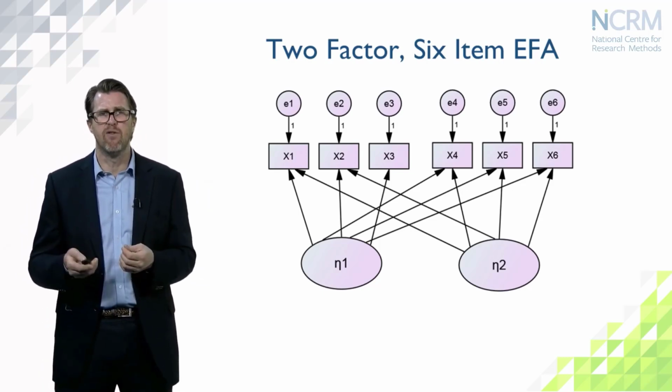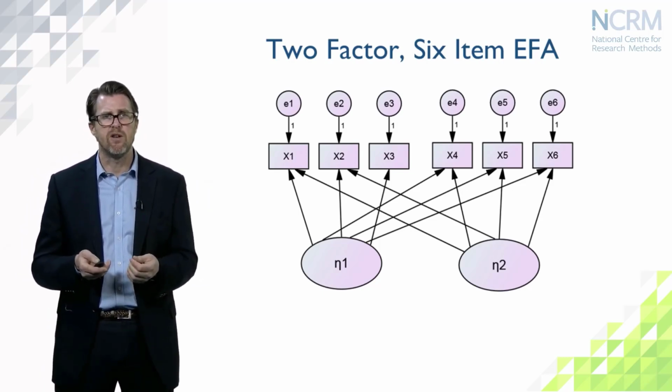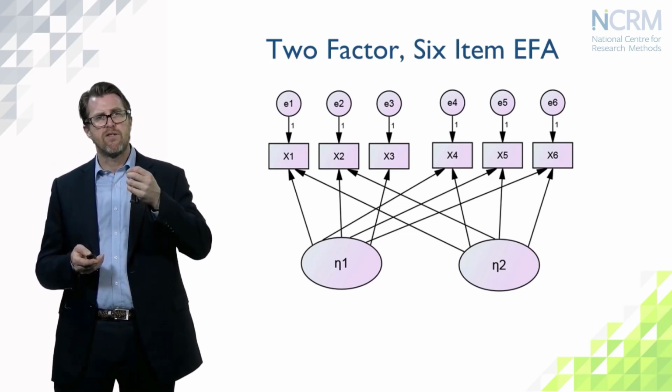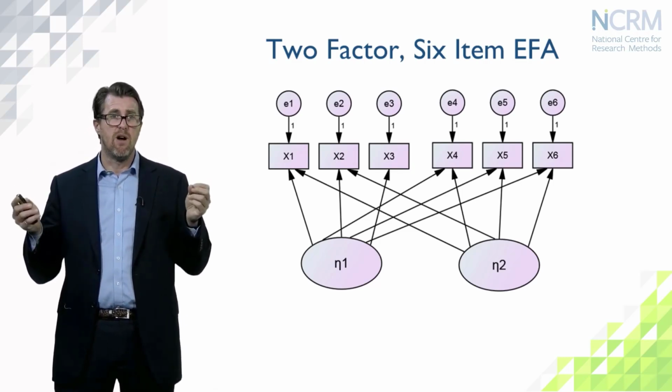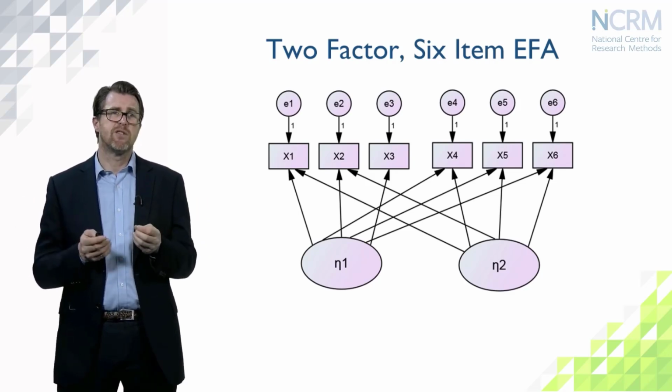Now what we would be looking for in this kind of situation is that some of those loadings would be large and some of them would be close to 0.